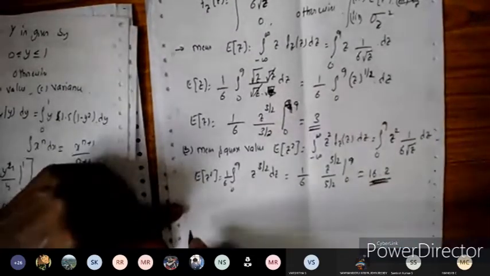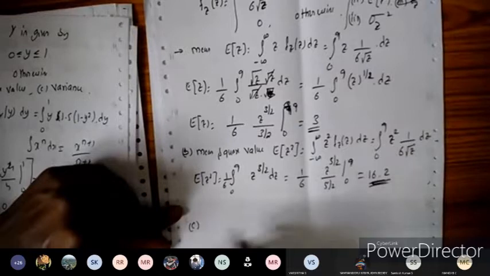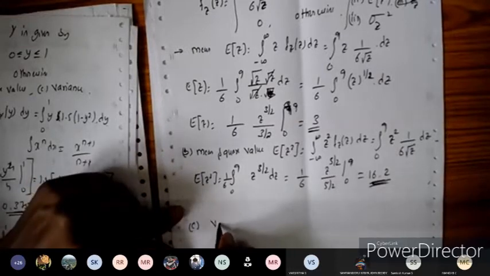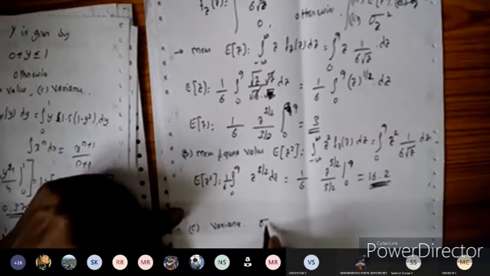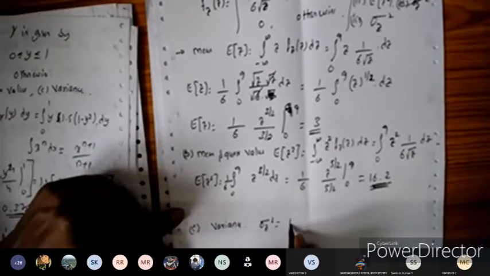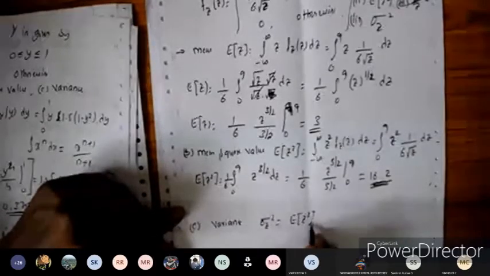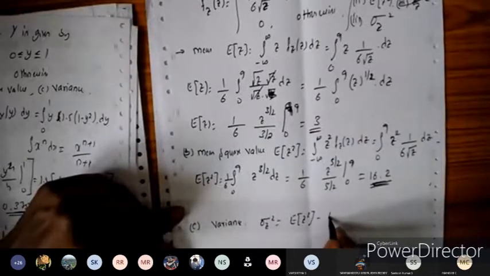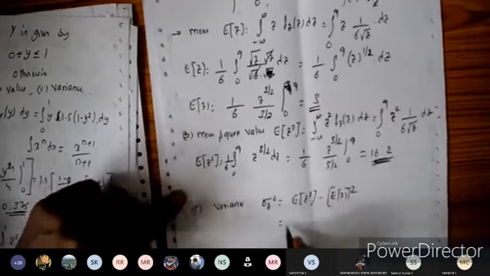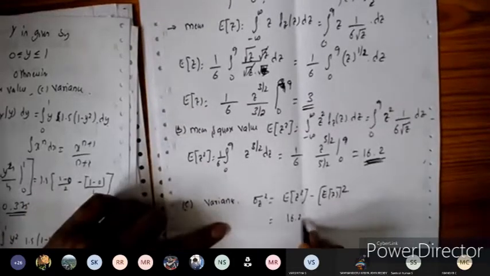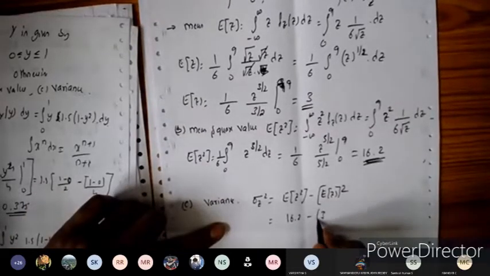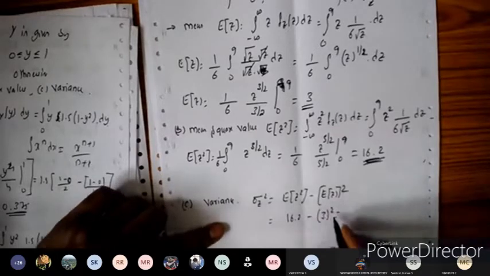So let us find out the variance here. Variance is nothing but sigma z square. It is nothing but the expected value of z square minus the expected value of z, the whole square. So it is 16.2 minus 3, the whole square. 3 square is nothing but 9.